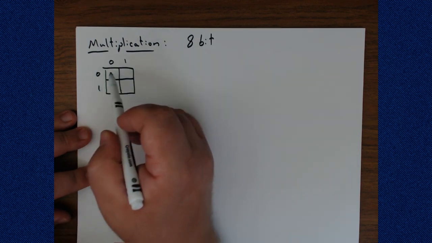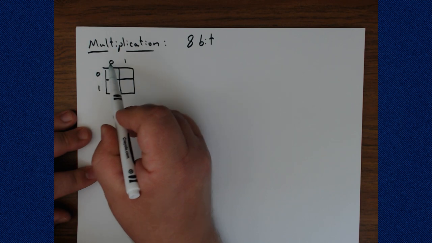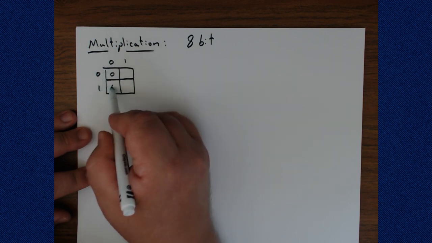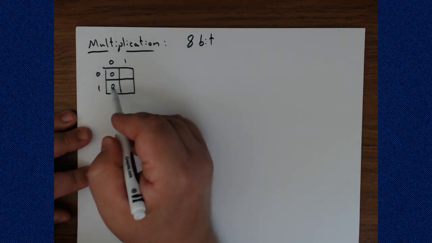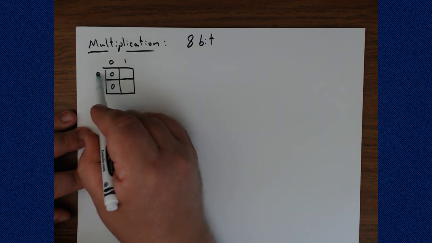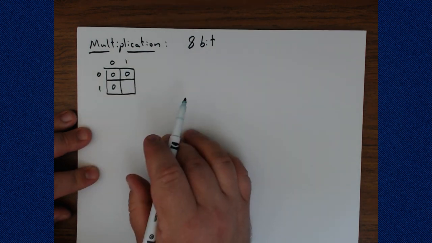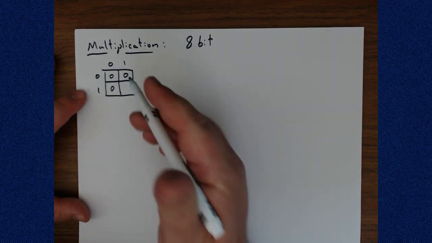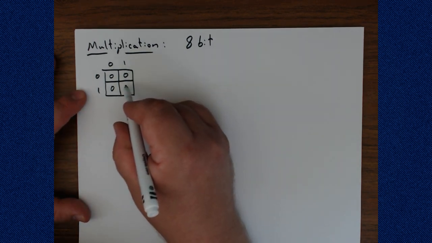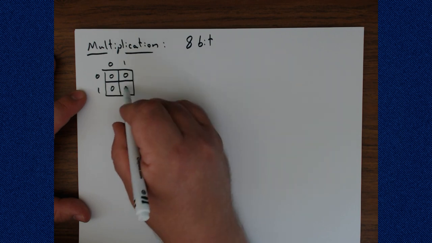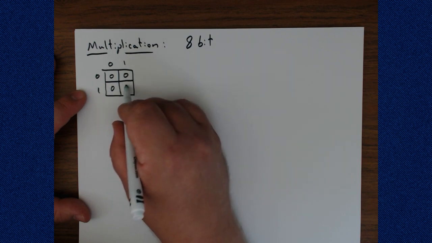And realistically, 0 times 0 or 0 times 1 is going to be 0. 0 times anything is 0. So everything in this column is 0. Everything in this row, because it's multiplied by 0, is also going to be 0. So the only actual cell we have to remember is when 1 is multiplied by 1, which of course gives us 1.